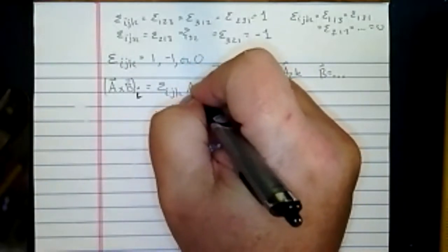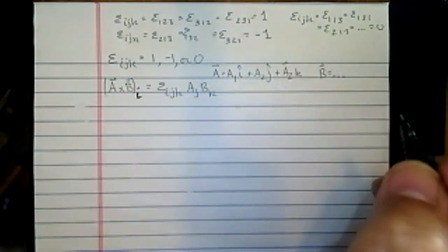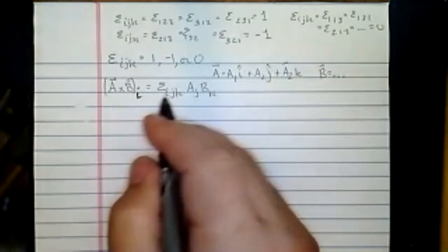Then A sub J, B sub K. That's really the prescriptive formula.